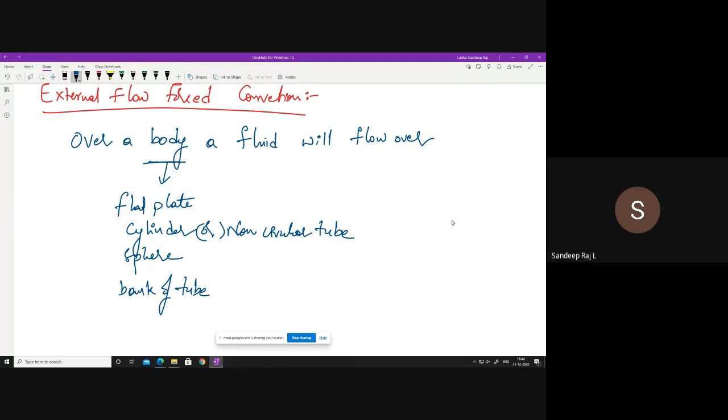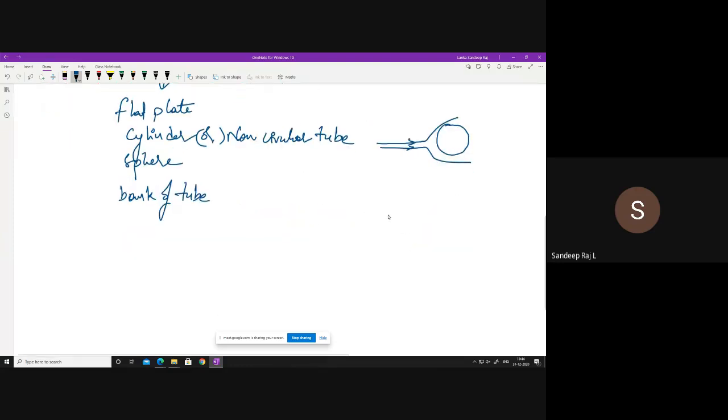Let me take a cylindrical cross section here, and air is flowing over it. Okay, so this will be the case for forced convection, and this forced convection is a flow over a body. Okay, and you can take the example of a flat plate.